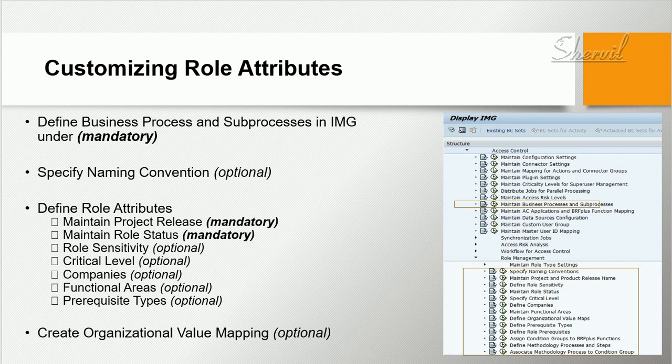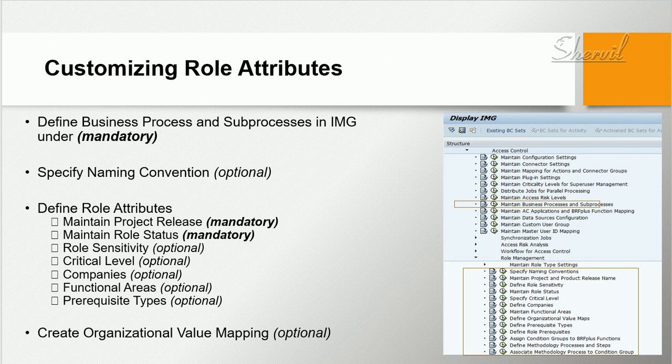The other thing that I personally think is a very good feature that BRM has is the naming convention. It's an optional thing. If you don't define a role naming convention as part of this configuration customizing process, you can create your own roles in BRM. BRM does not stop you from creating your own role names, whatever pattern you want.